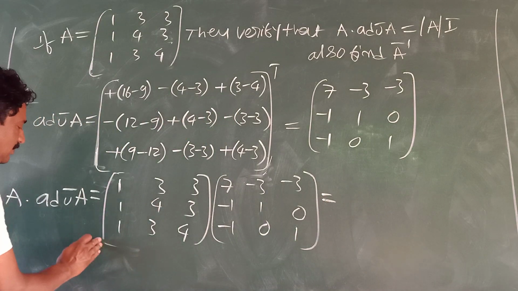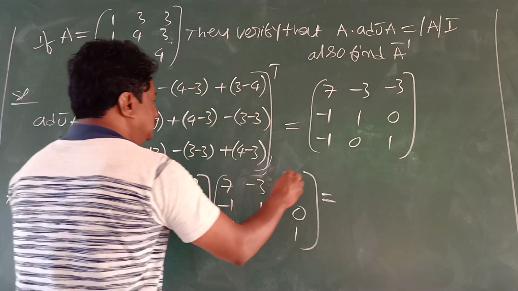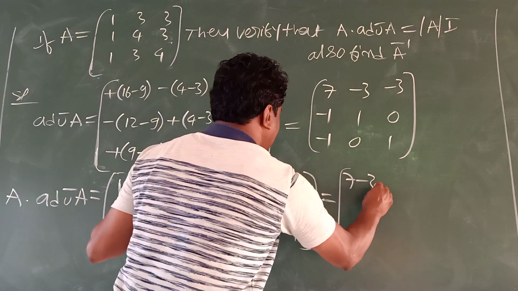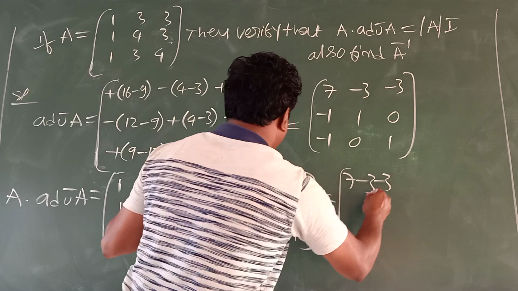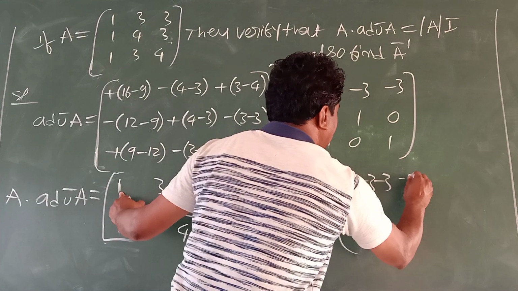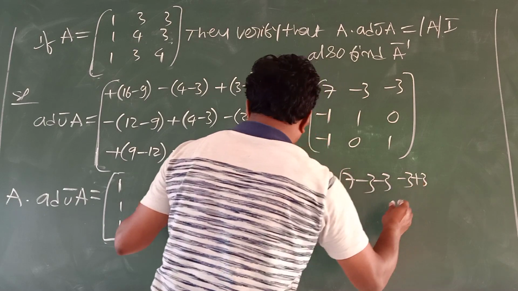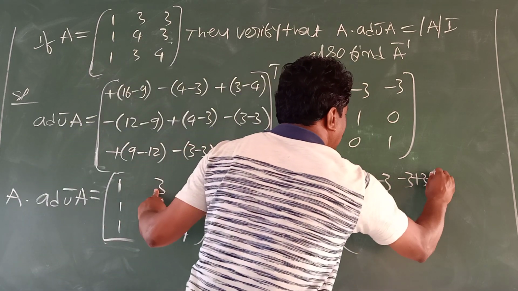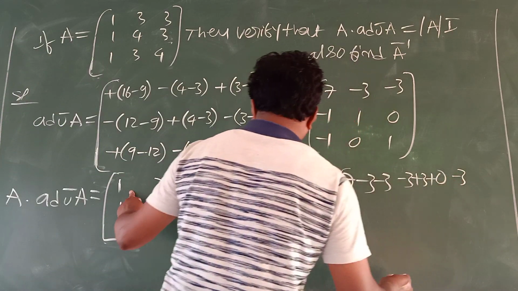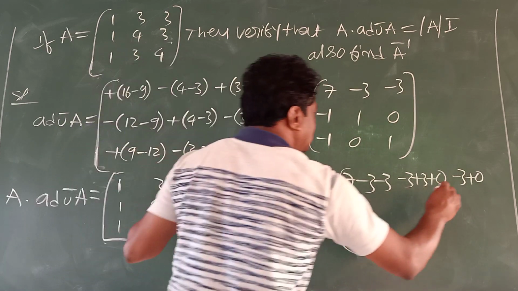Multiply both, students. First row first column: 1 into 7 is 7, 3 into minus 1 is minus 3, 3 into minus 1 is minus 3. First row second column: 1 into minus 3 is minus 3, plus 3, plus 0. First row third column: minus 3, plus 0, plus 3.